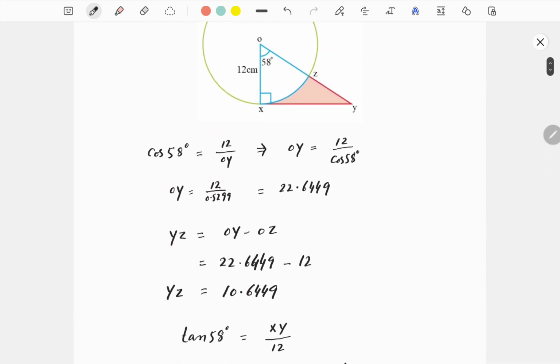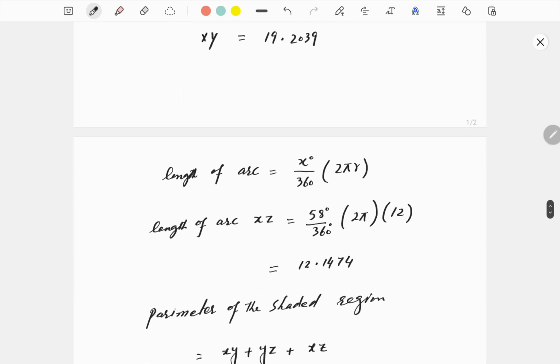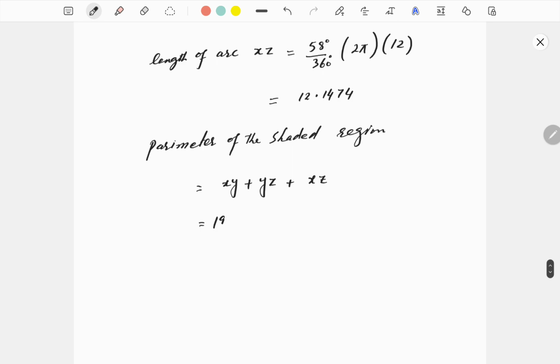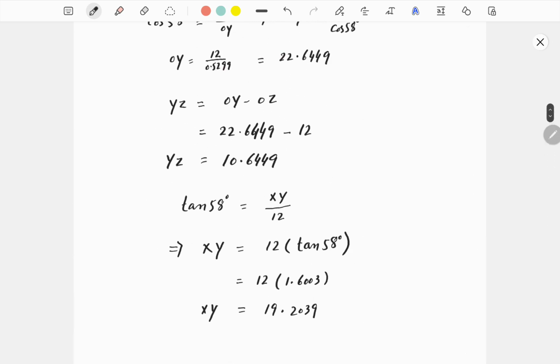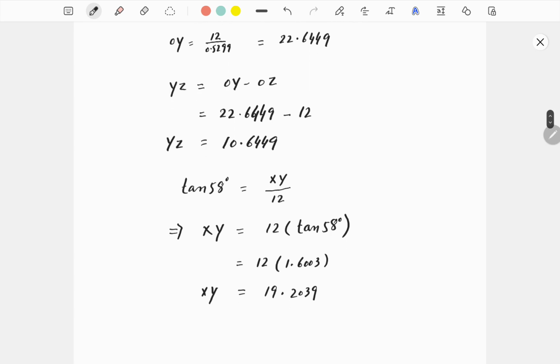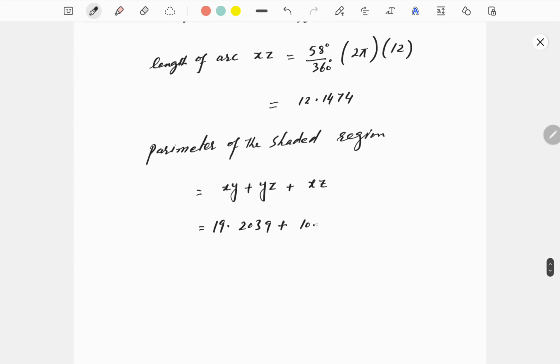So XY is equal to 19.2039 plus YZ is equal to 10.6449 plus XZ is equal to 12.1474, which is equal to 41.9962, or you can write it approximately as 42 centimeters, which is the required answer.